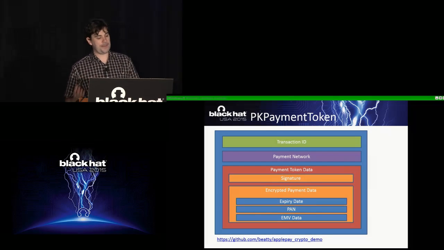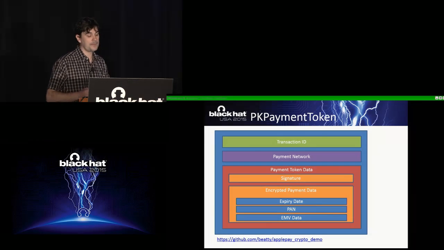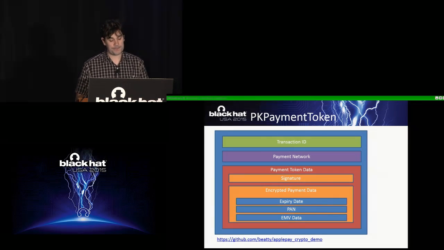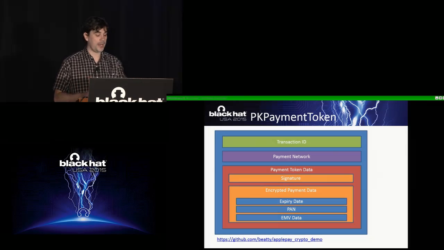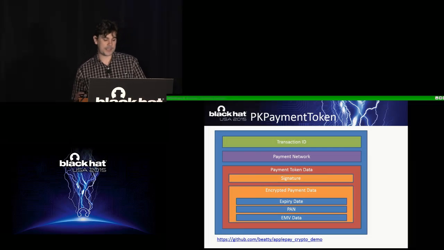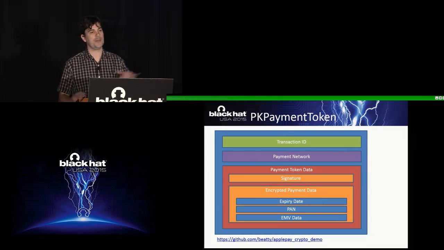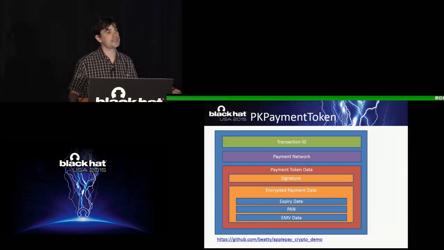In Apple, you've got a PK payment token as well. The interesting thing about this is that it's an ECC encrypted token, and you've got EMV data in here. So this is what is returned from the secure element after a transaction. The encrypted payment data is where you've got your token, your expiry date, and your EMV data, and that can be sent over the internet and verified by the issuer, as well as a separate verification code area.